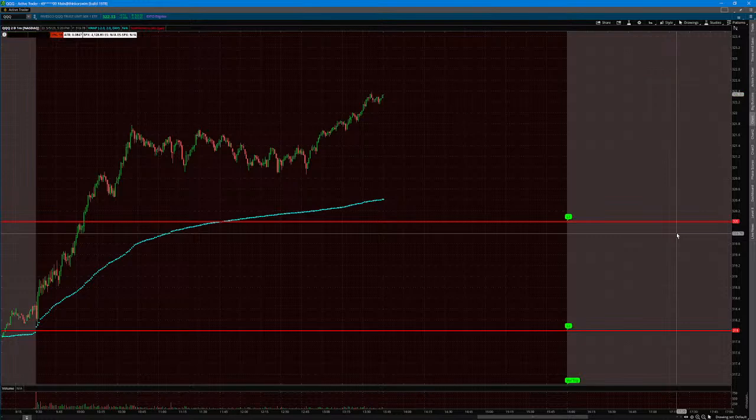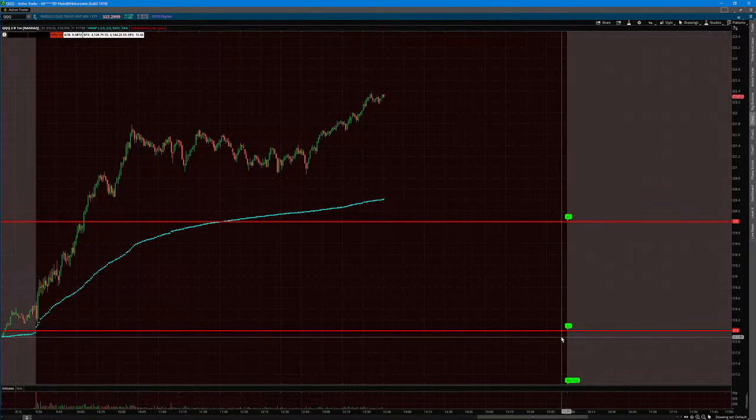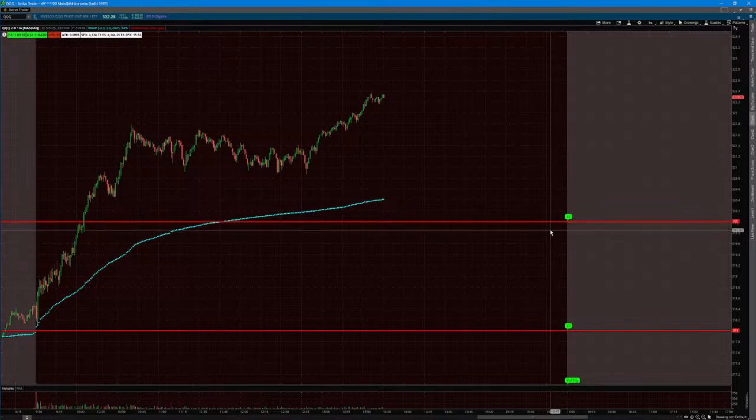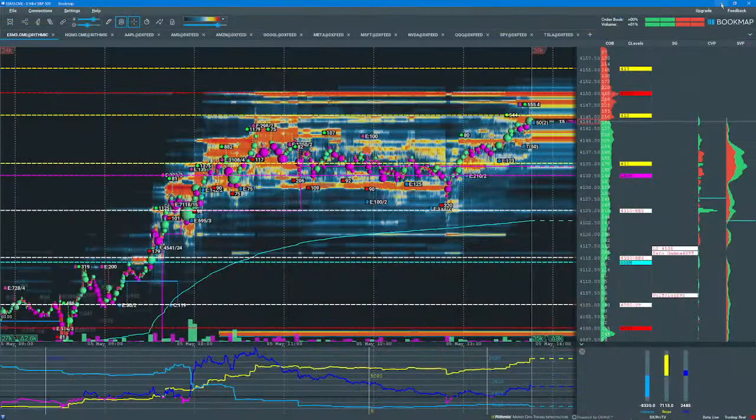So far, QQQ has opened above this L2 level at 318 and is now also above the 320 level, this large gamma level, a very important level of gamma at 320. And 320 was actually not a level yesterday. Now we'll take a look at the gamma levels in just a minute and see exactly where those levels come from.